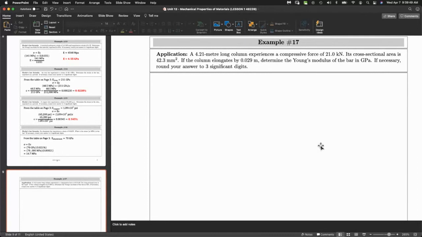Anyway, we have a column that experiences a compressive force. The cross section of the column has an area of 42.3 square millimeters. We are told how long the column elongates. It only elongated about 3 centimeters. Now, for a 4-meter column to elongate 3 centimeters under a load, it's probably a little bit too much, but that's fine.